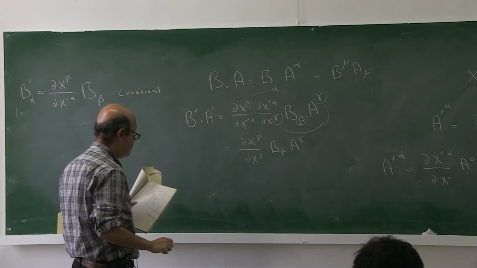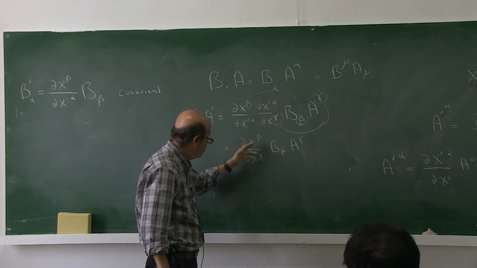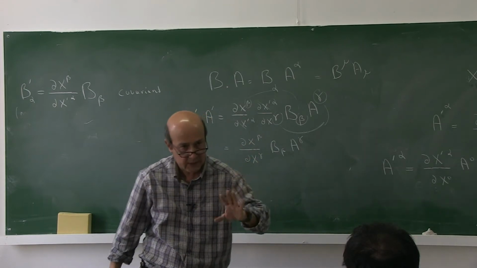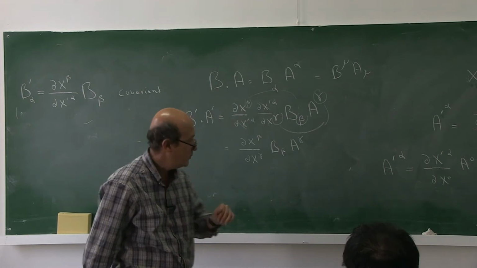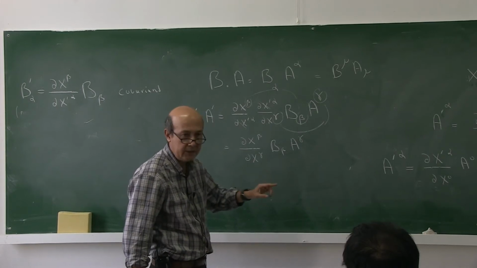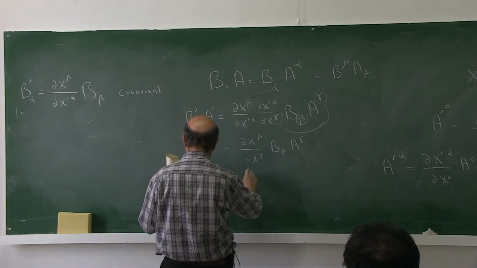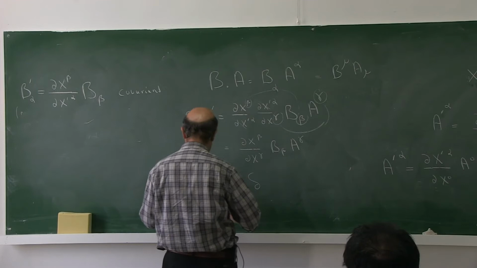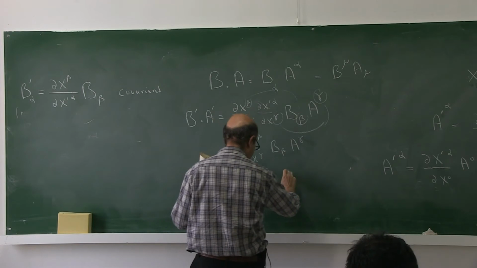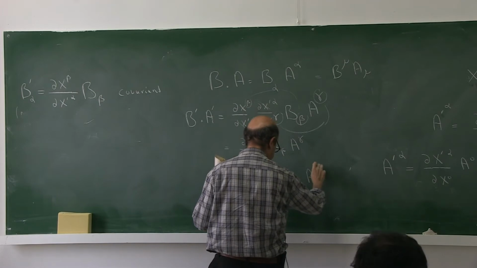And you know one thing, maybe you don't know, if beta and gamma are different from each other, that is 0. If they are the same, it is 1, otherwise 0. So you can express this as a Kronecker delta, beta and gamma, and here you have B beta down, A gamma up.